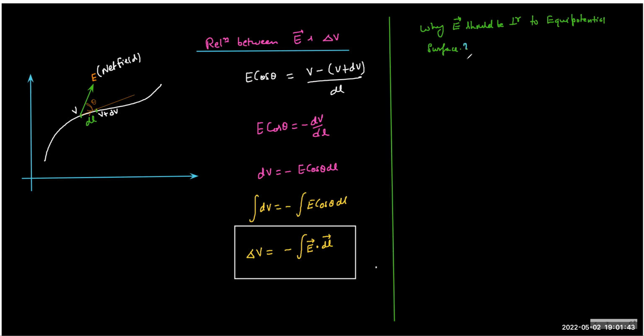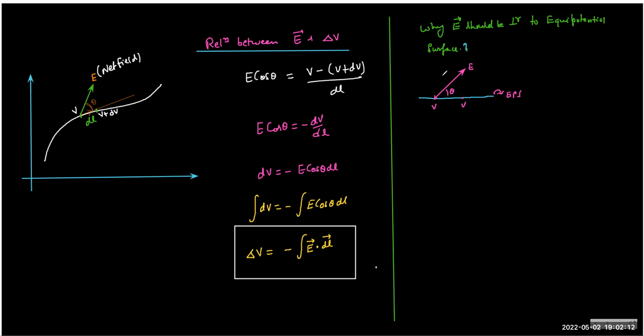The answer is pretty simple. It is because if this is the equipotential surface, and if you say that no, the field is not perpendicular, so let's assume some angle. By default, this is an equipotential surface, EPS. So the potential of this point should be how much? Same as this point, isn't it?